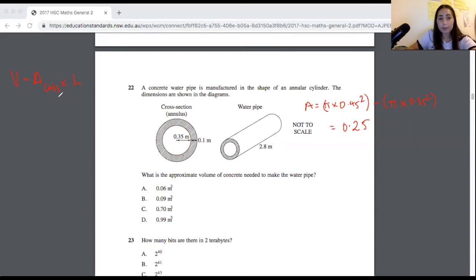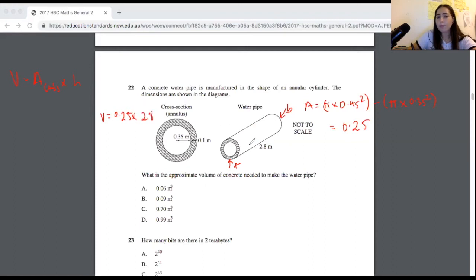So that's the area of the cross-section, and then we multiply that by the height of the shape. So the distance between the two cross-sectional faces, the extremes, so that would be the front here and the back here, because we're cutting it along this way, right? And the distance between those two is 2.8, so that's our height. So to find the volume of this shape, we multiply 0.25 by 2.8.